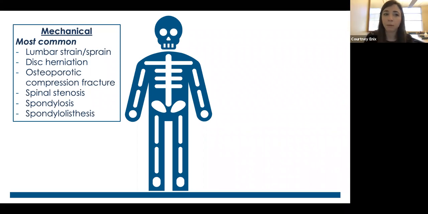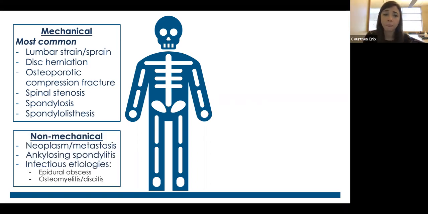But some of the most common etiologies that you'll see, I've listed here in the box. A lot of them are related to lumbar strain or sprain. There can be disc problems, herniation. You can have osteoporotic compression fractures. Again, this comes with the group of patients that you're going to be seeing by demographic, which might help you shift your differential.